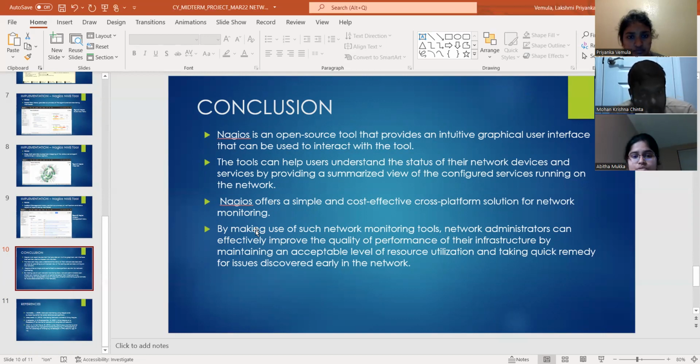By making use of such network monitoring tools, network administrators can effectively improve the quality of performance of their infrastructure by maintaining acceptable levels of resource utilization and taking quick remedy for issues discovered early in the network.